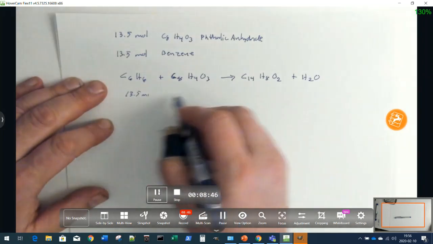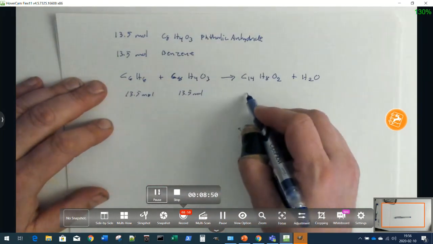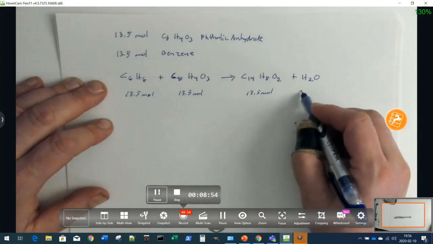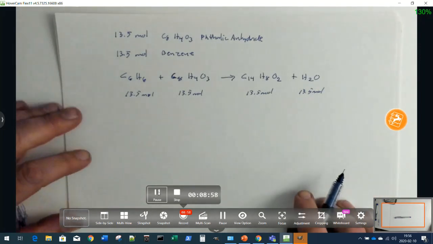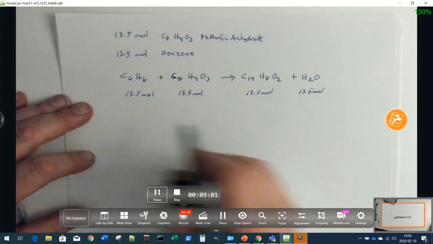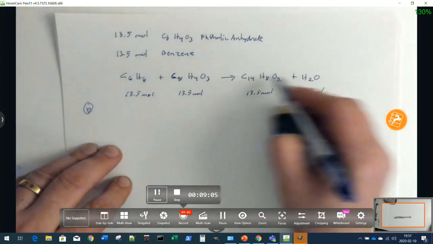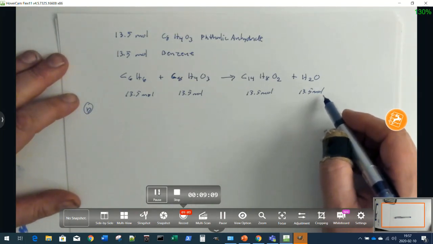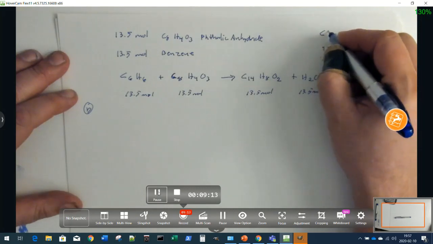So the expectation is that we have 13.5 moles of this, 13.5 moles of this, and it'll give 13.5 moles of this, and we'll also produce 13.5 moles of water. Great. So now question B asks for the masses of the two products.